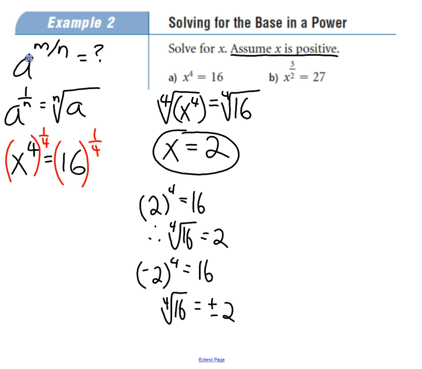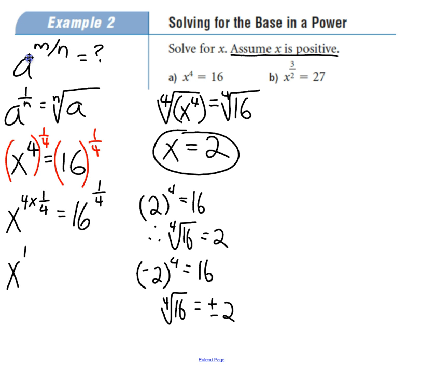We have a power of a power, so we simplify to x to the 4 times 1/4. This confirms that the fourth root of x to the fourth is just x, because 4 times 1/4 is 1. We have produced an exponent of 1.